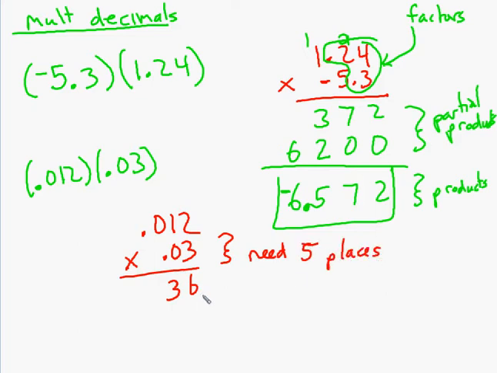Okay, so counting from the right, I need to annex some zeros here. So make sure you count carefully. 1, 2, 3, 4, 5. Okay? You might even put a 0 in front of that just to emphasize, but you don't have to. All right, so that's that by hand.